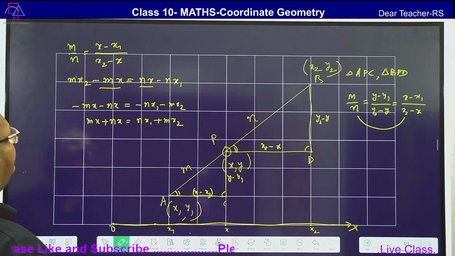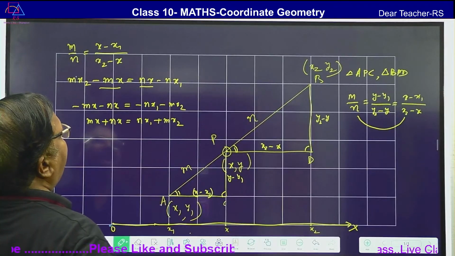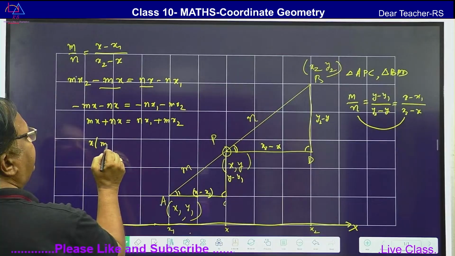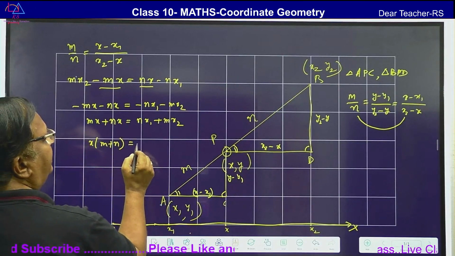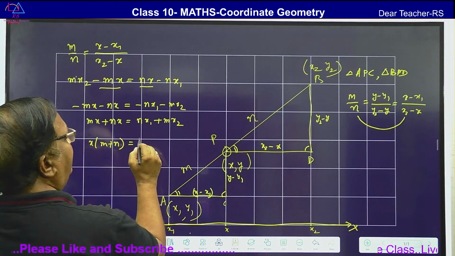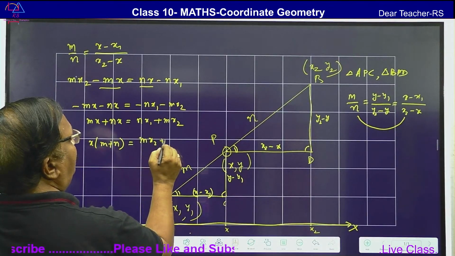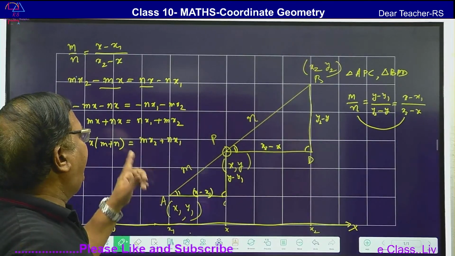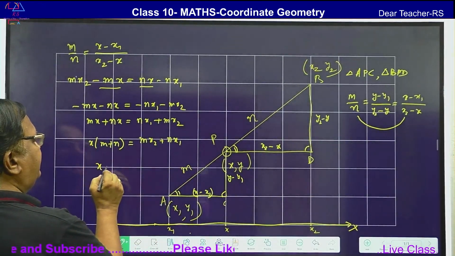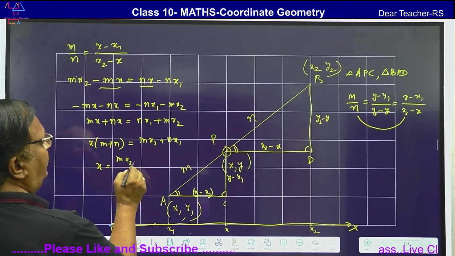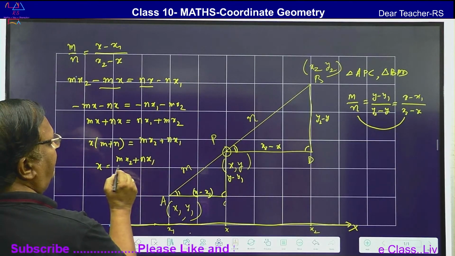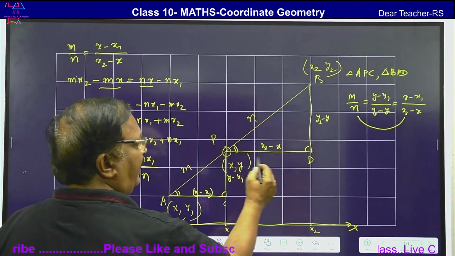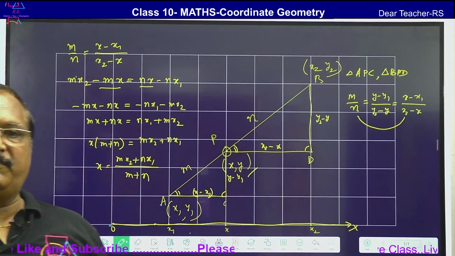Then you take x common: m plus n, and here we cannot do anything, mx2 plus nx1, I wrote in the order. So now x is equal to mx2 plus nx1 by m plus n. Now we have got the x coordinate.